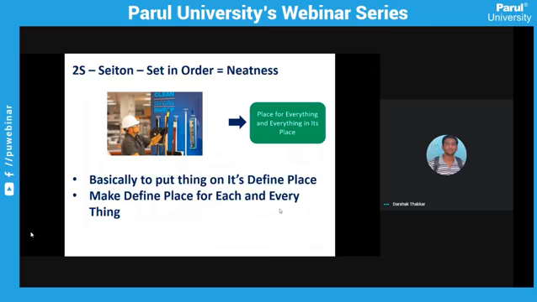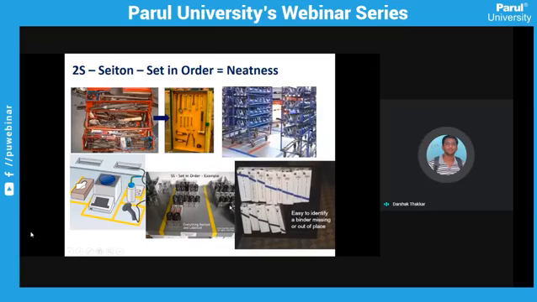Right, these are some examples of marking. In a particular office area, we have to label the filing like this, right? So if one of the files is missing, we can easily identify that some file is missing here, or we can easily take up whatever file we require.